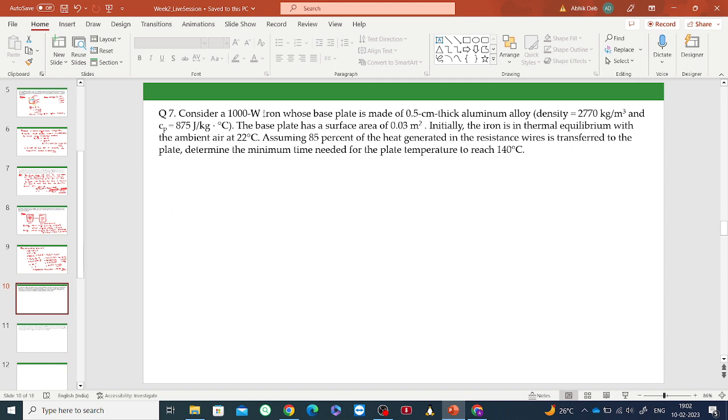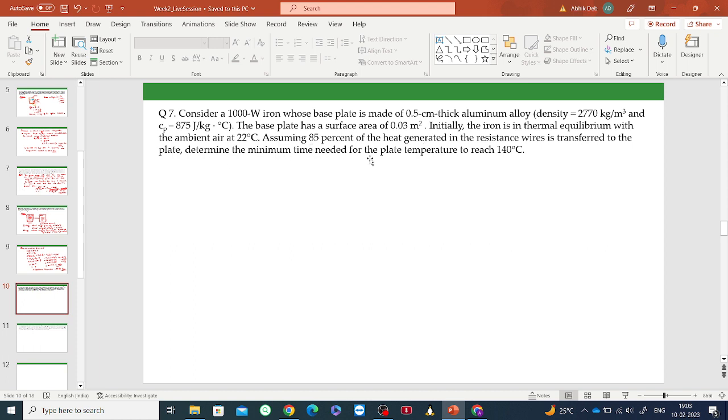It can be due to a significant number of reasons, like continuous usage. There can be a drop in the final heating effect of the resistance coil. Whatever be the reason, 85% is being made available to the iron plate.